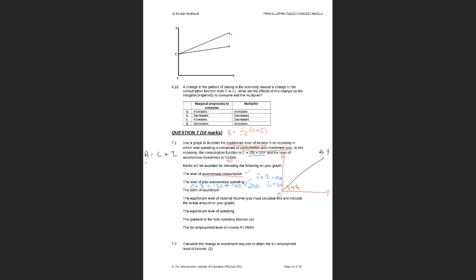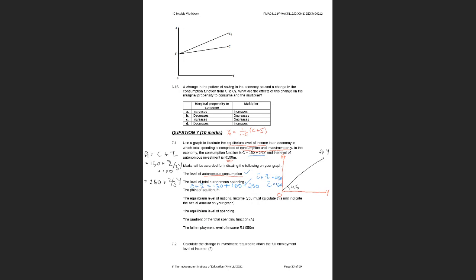And we know for a fact that C in this case is 150 plus 2/3 of Y. And we know that I is 100. And this would then be 250 plus 2/3.